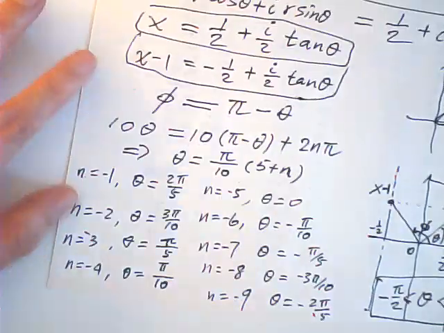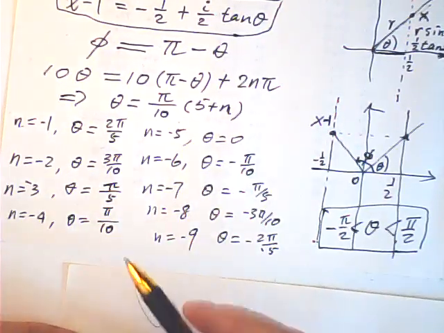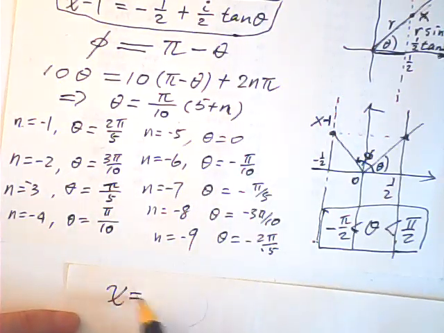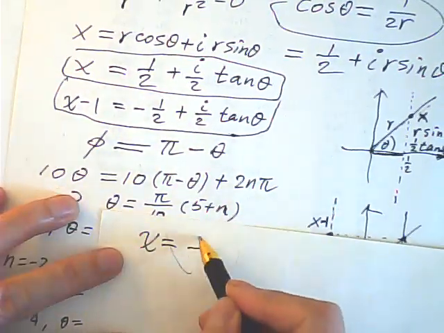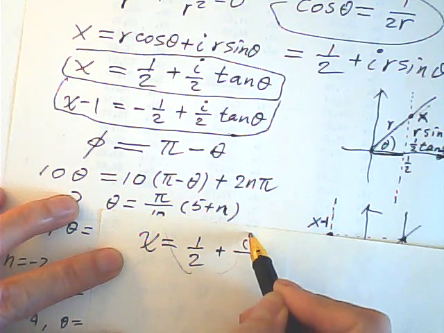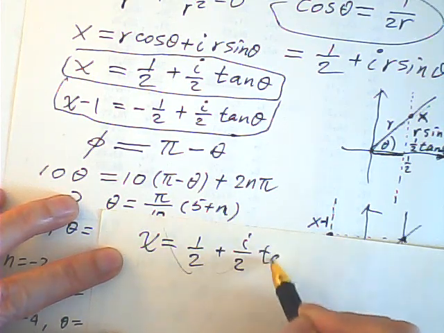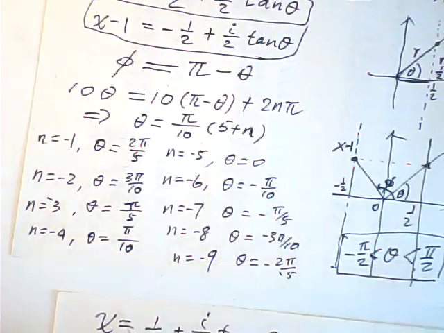So let's continue to finish it. x is equal to half plus half I tangent theta. Theta will be this, right?